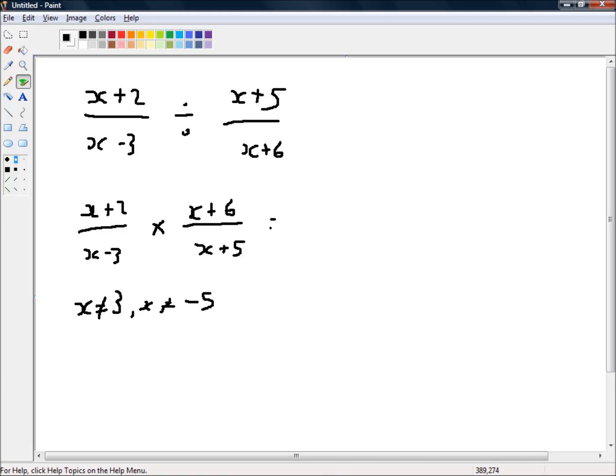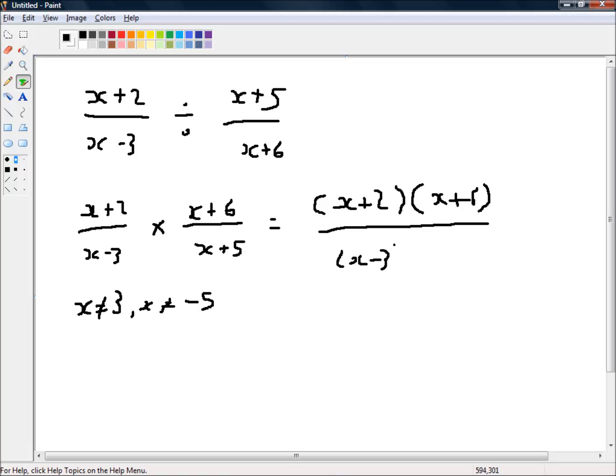Okay, so this is equal to x plus 2 into x plus 6 over x minus 3 into x plus 5.